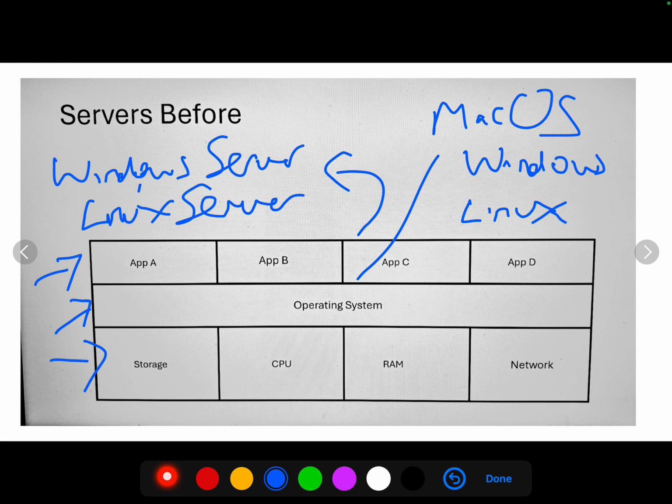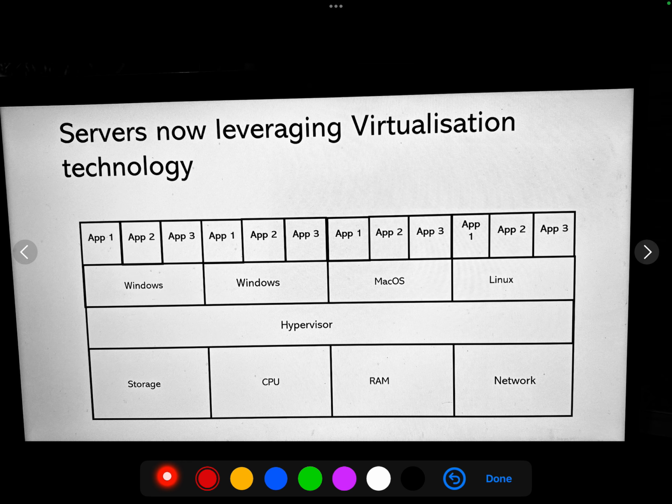The problem was that sometimes we don't need to leverage all of these resources for the applications. They don't need the total capacity. So there's inefficiency. What virtualization did was introduce a hypervisor, and the hypervisor manages the operating systems that run on top of it. Now, instead of running one server operating system or even desktop operating system, we're running 4 operating systems here.